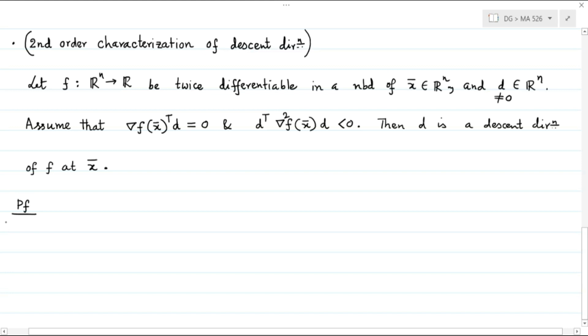We will here also use Taylor's theorem, and by Taylor's theorem, let me just hint out, it is similar to first order characterization, and that's why let me just give you a hint.